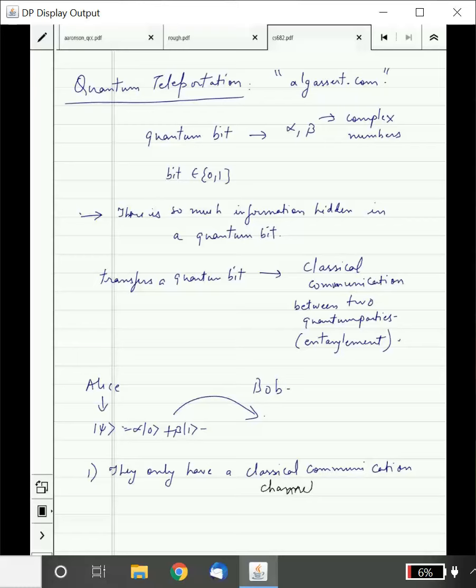Another thing is that since Alice and Bob both have the capacity to store quantum bits, we can assume they share entanglement a priori. That would mean that I have two qubits, (00 plus 11)/root 2.